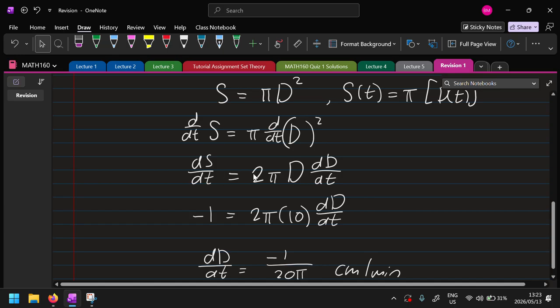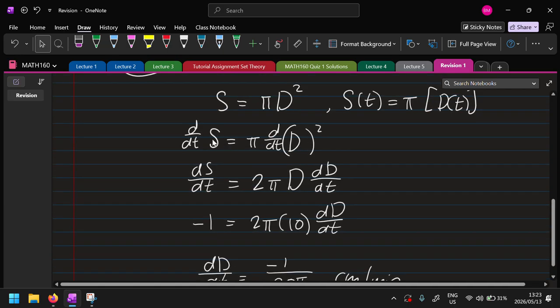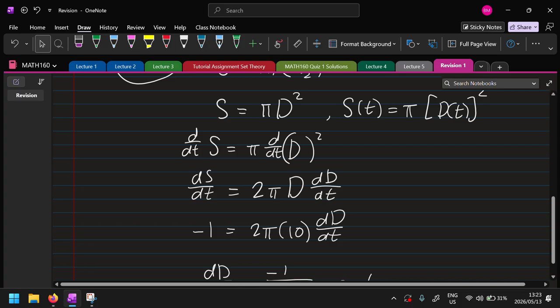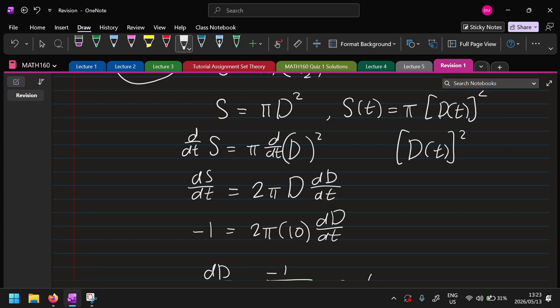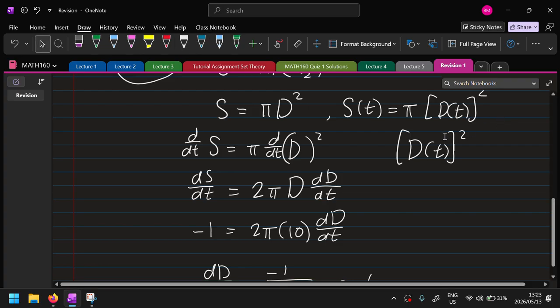This one. Yeah. So on the left here is just the derivative of the surface area, so dS by dt. On the right here, we know that this D is a function of time implicitly. It's implicit. We don't write it D of t, but you can write it like that. So we've got a function on the inside and a function on the outside. As soon as you're saying f of g, you need the chain rule. So by the chain rule, the derivative of the outside, you take the 2 down.